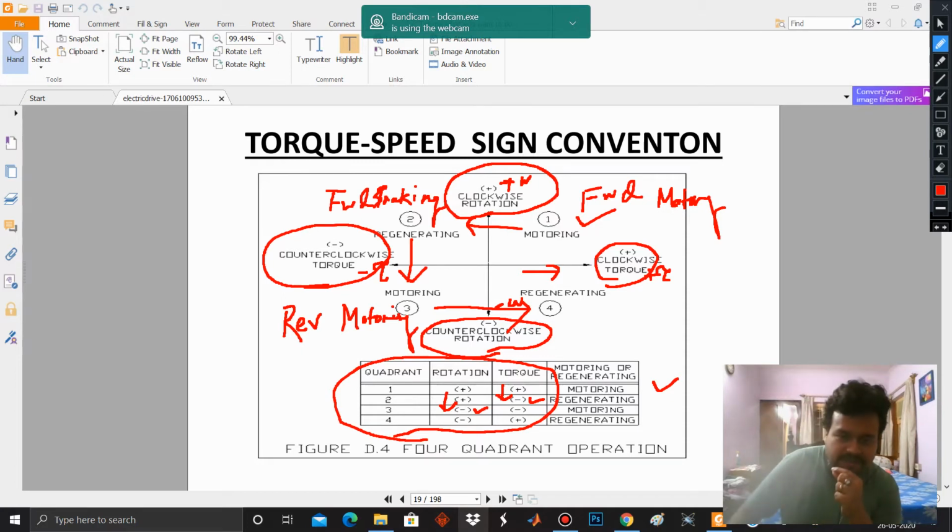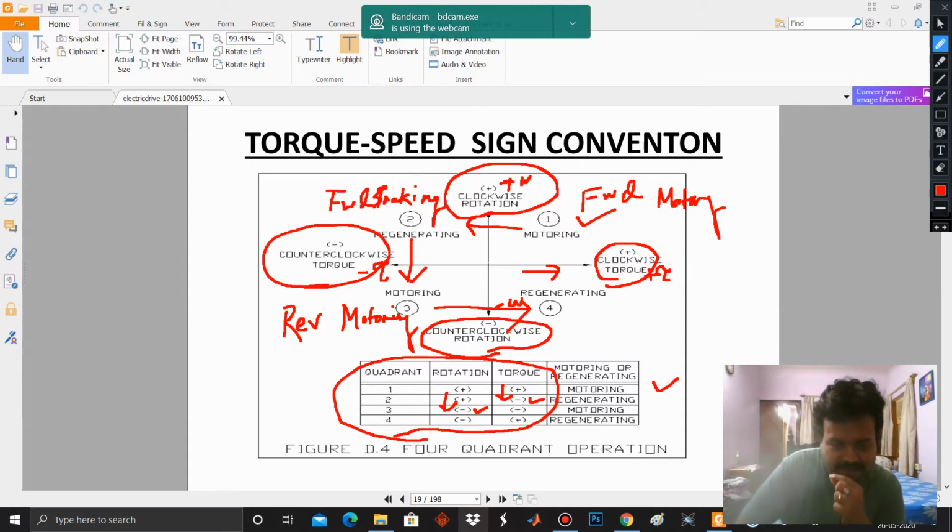Now as you migrate from the third quadrant to the fourth quadrant, what do you see? You see that from the third to the fourth quadrant there is no change in sign of speed. In the third quadrant the speed was anti-clockwise.